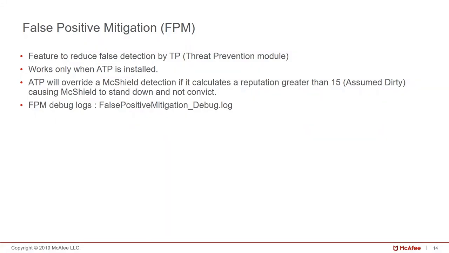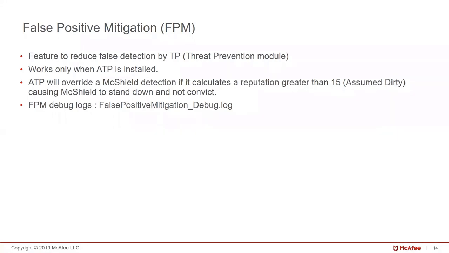If the GTI cloud comes back and says, no, this is a likely non-malicious file, meaning that it scores an 85 or above, ATP will override the on-access signature detection and send out a false positive mitigation event so that that file wasn't convicted.